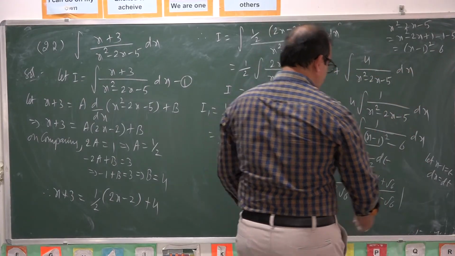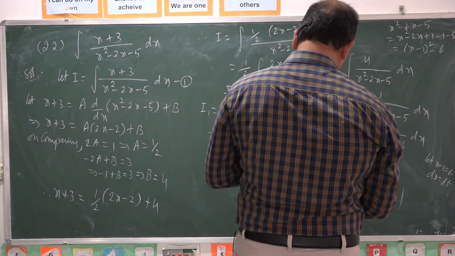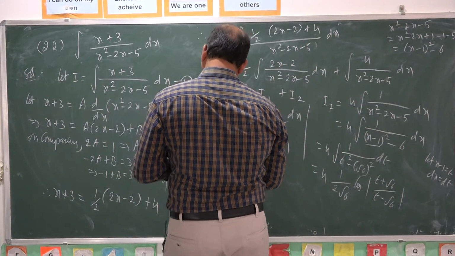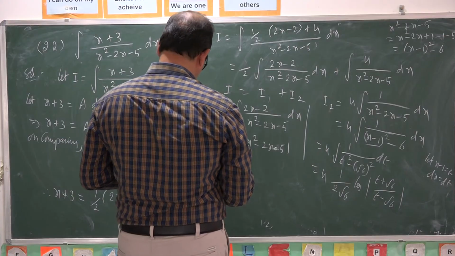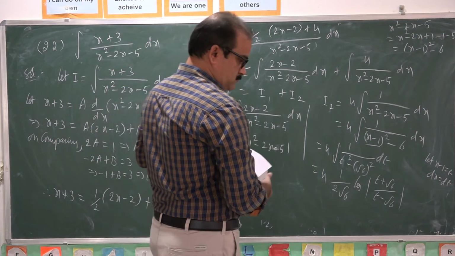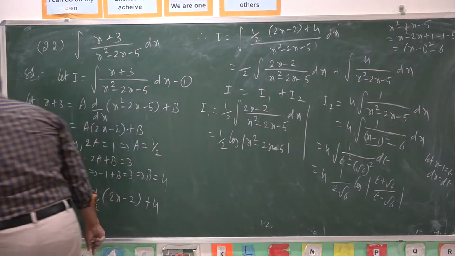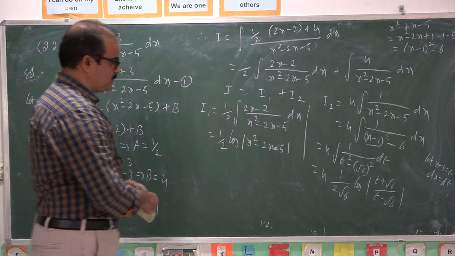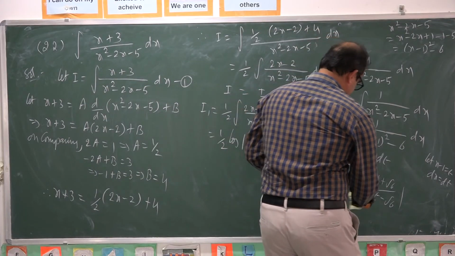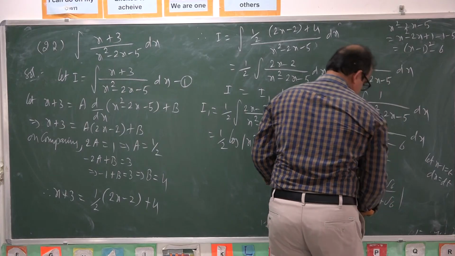What is t from our assumption? x − 1. In formula it is (x − a) by (x + a), (t − root 6) by (t + root 6).